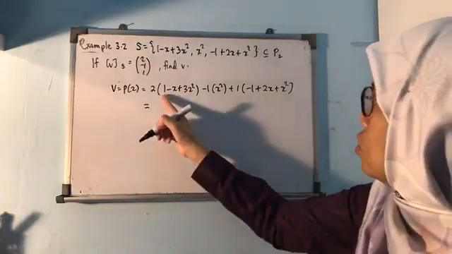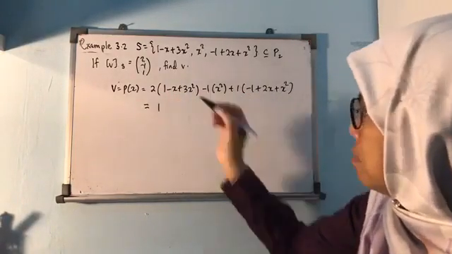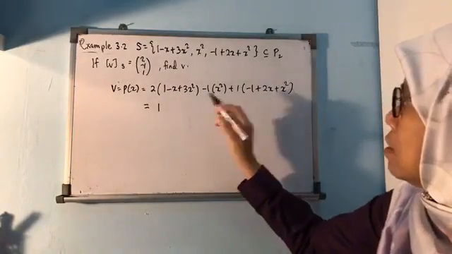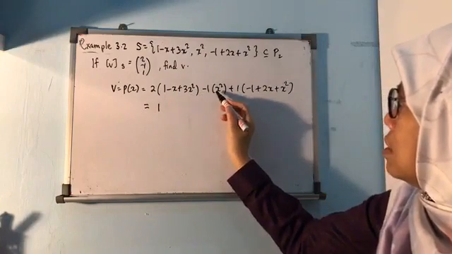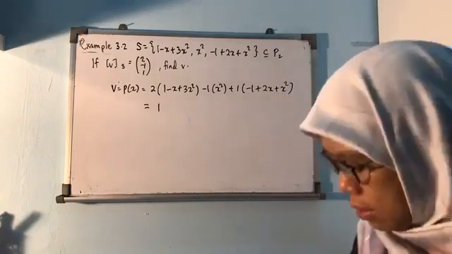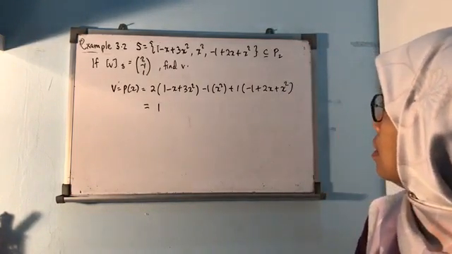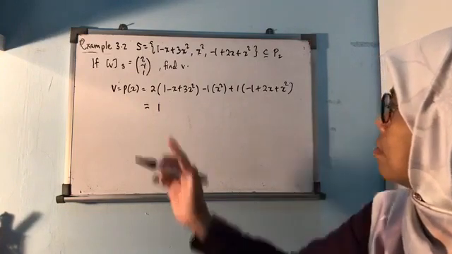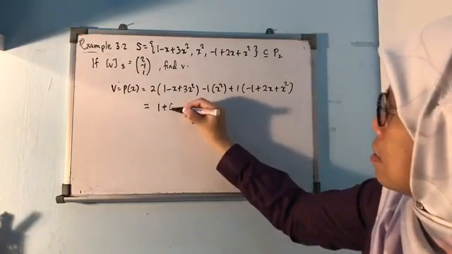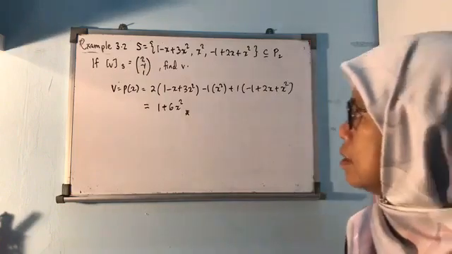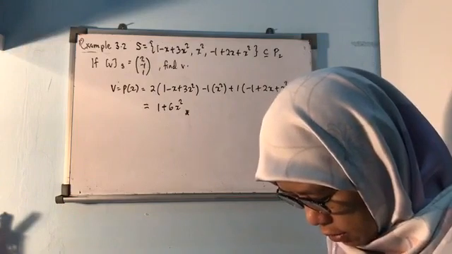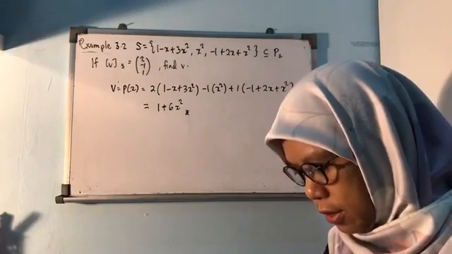Okay, so 2 minus 1 is 1, and then negative 2x plus 2x gone. 6x squared minus x squared is 5x squared. 5x squared minus x squared, so you get 4x squared, right? 6 minus 1 is 5, 5 plus 1 is 6. Okay, so this is 1 plus 6x squared, right?